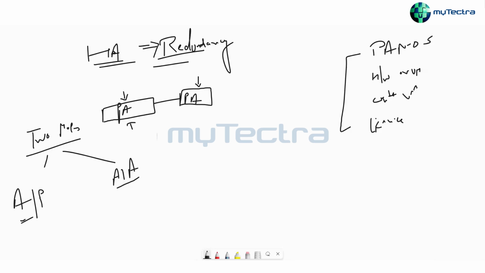In active-passive mode, the interfaces you can use include virtual wire. It can be set up on L2 interfaces and on L3 interfaces as well. The passive firewall does not pass your traffic, but it has the data plane interface up and running, depending on the configuration we set up.